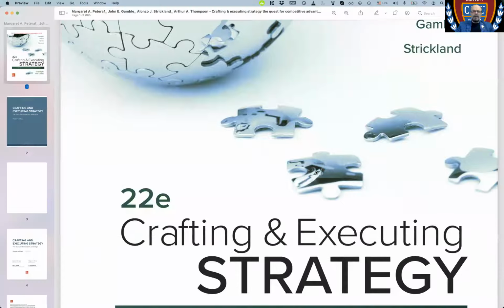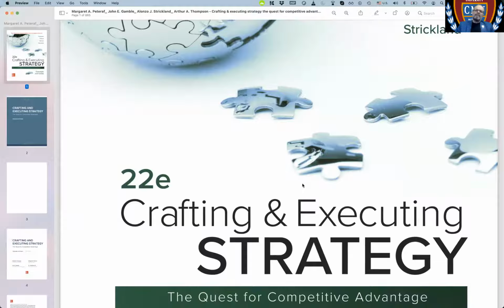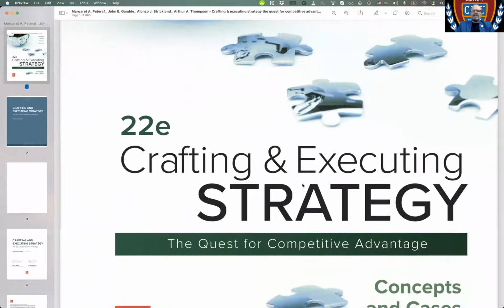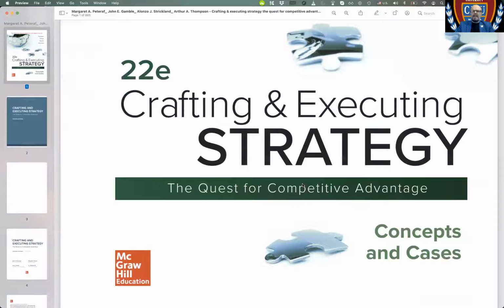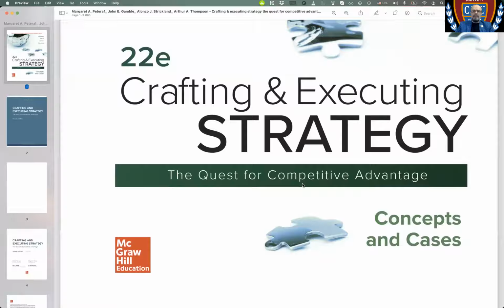Now, the book I've chosen for this class is a very famous book. Usually I personally don't like books for DBA classes for many reasons, because these are textbooks, and textbooks are usually for undergrad and master's degree programs, not for DBA. In DBA, you're supposed to do research.